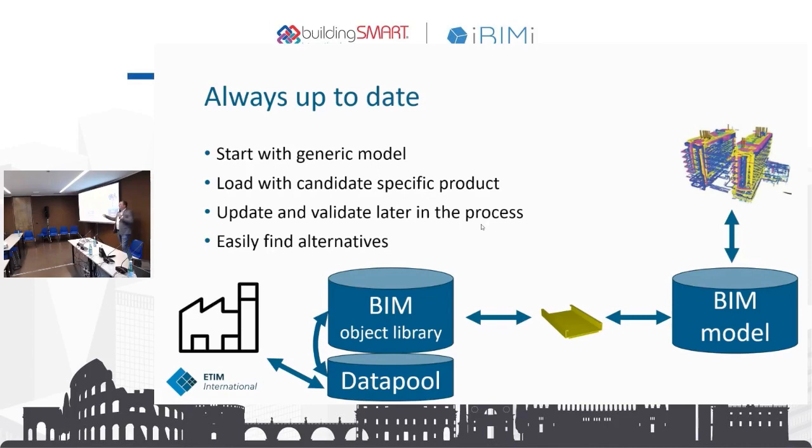You can make them a little bit bigger, because space claim is very important in the start. And later along the phase, you can load it with a specific candidate product, and see what the effect is on clash controls and on the calculations and so on. And you can update and validate it throughout the whole building lifecycle, even after 10 years in maintenance.